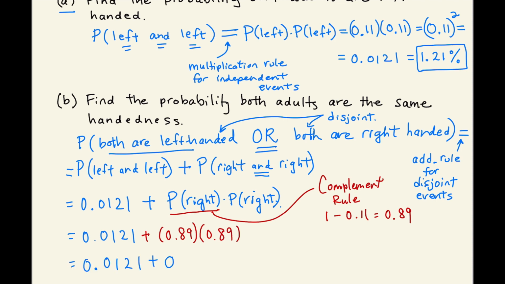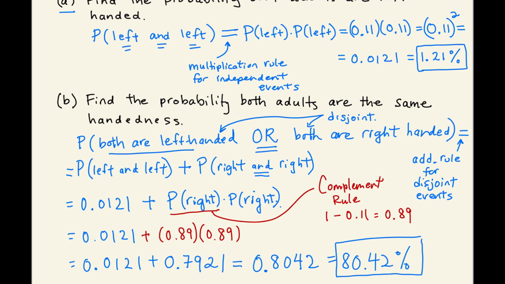And if I multiply these, I get 0.7921. And adding these together, I get 0.8042. So there's an 80.42% chance that the individuals have the same handedness. In other words, that they're both left-handed or they are both right-handed.